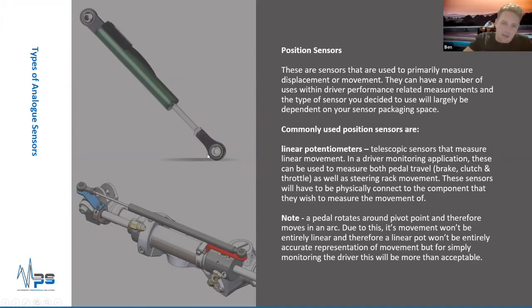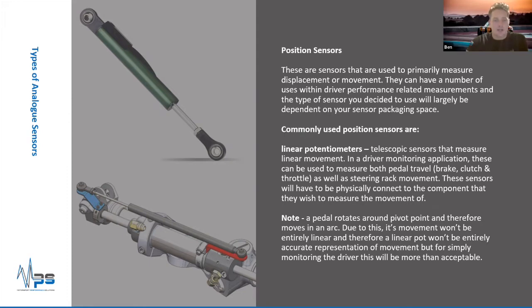We actually looked at one of these in the calibration curve I showed you a few pages back. They're basically just a telescopic measurement device, a bit like an electronic ruler, and they just track linear changes in position. In our application for looking at driver's inputs, you could mount one of these to your pedals.